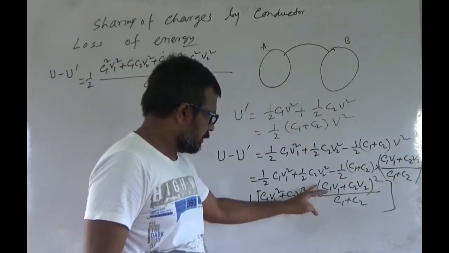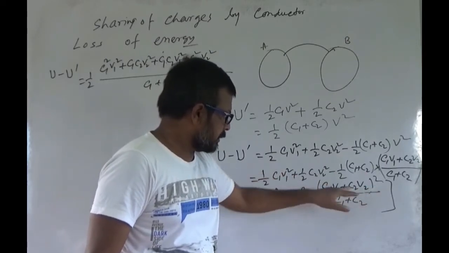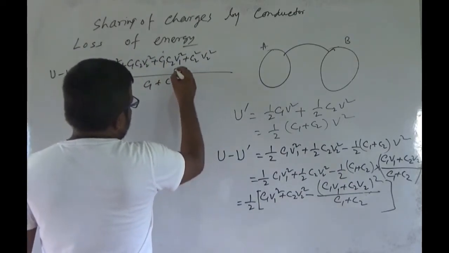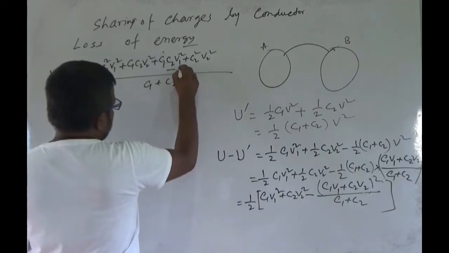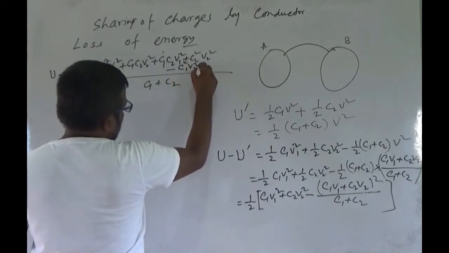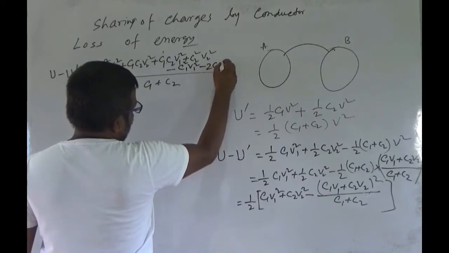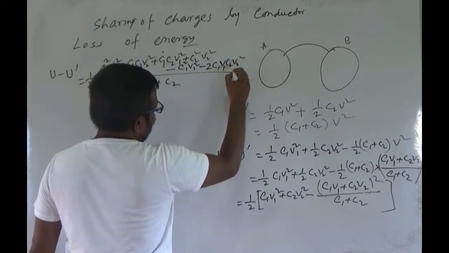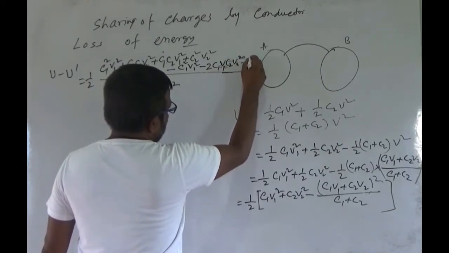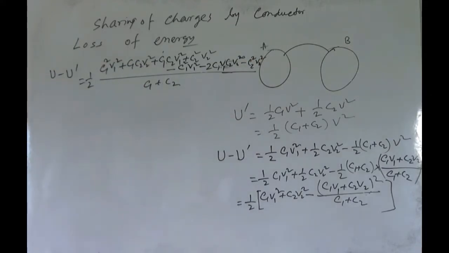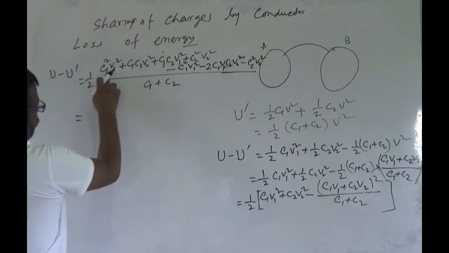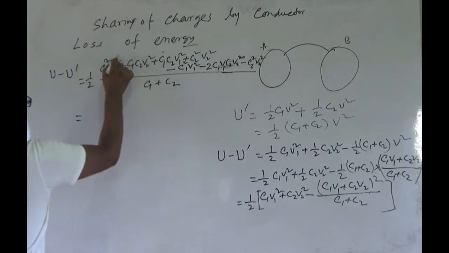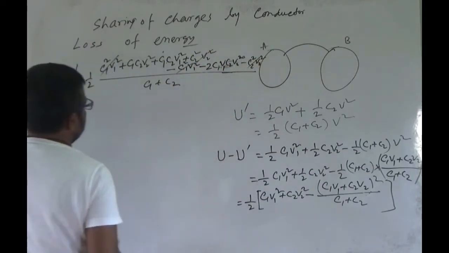And here minus, if we expand (C1 V1 plus C2 V2) whole square, we get C1 square V1 square plus 2 C1 V1 C2 V2 plus C2 square V2 square. Now from here you see C1 square V1 square plus and minus, C2 square V2 square plus and minus, that means these two are cancelled out.